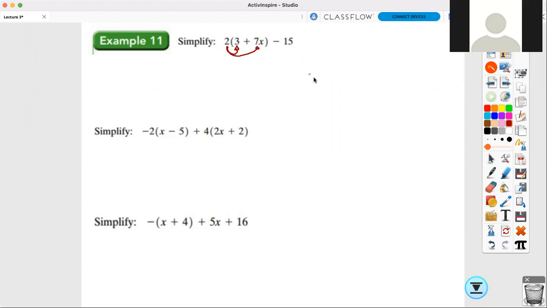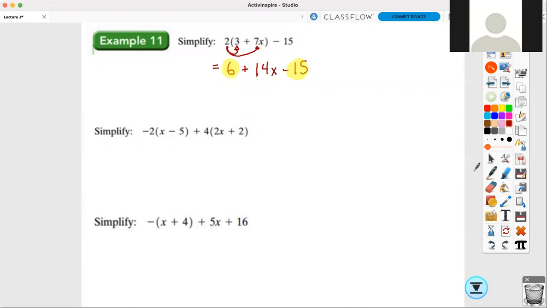So 2 times 3 is what? 6. So then we get 6. 2 times 7x is 14. 14 what? X. Good. Bring down the minus 15. Do I have any like terms, y'all? No. You sure? Yes, you do. Which ones? 6 and negative 15.